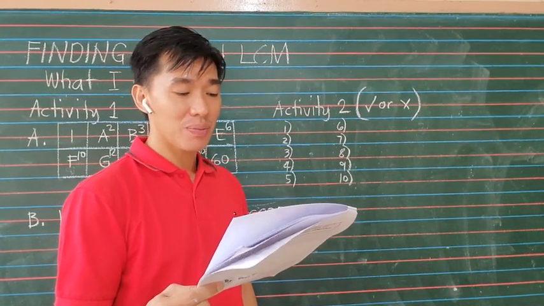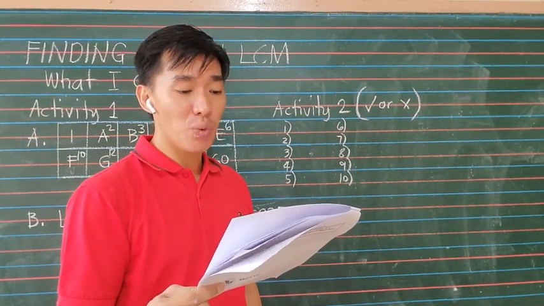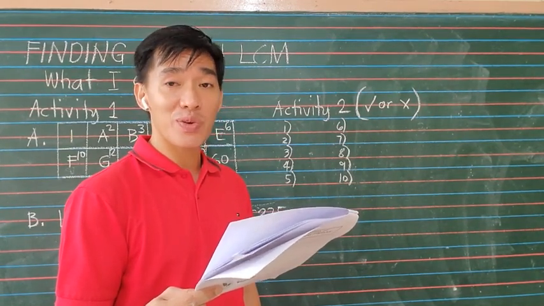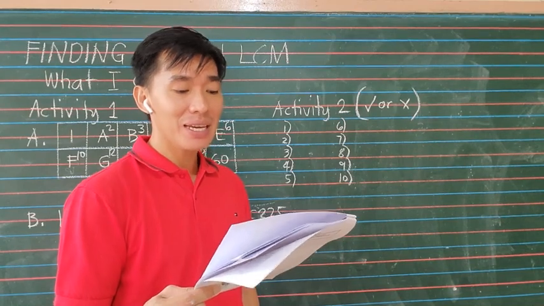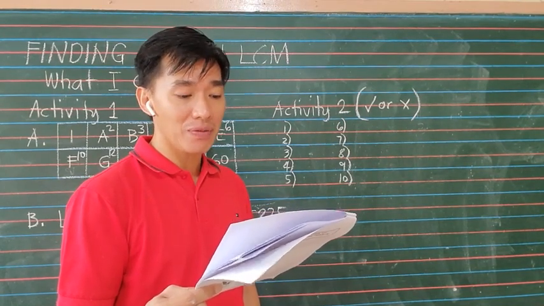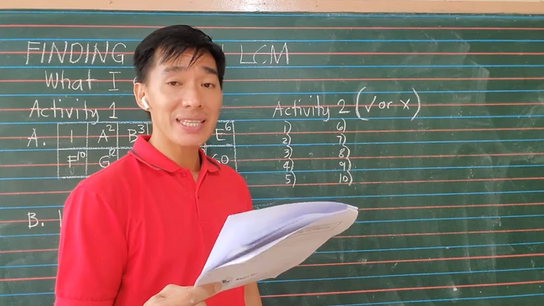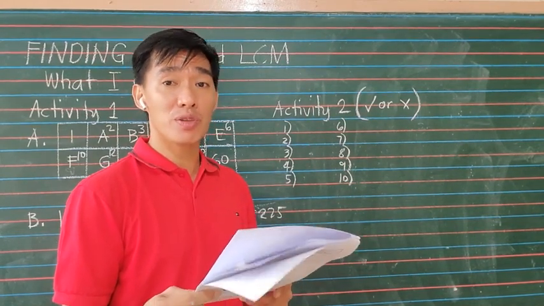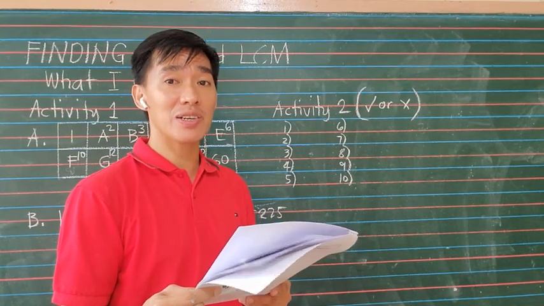Question number 2. The LCM of 12, 8, and 20 is 310. Again, the LCM of 12, 8, and 20 is 310. You may pause this video for you to solve, then answer, then play it again.